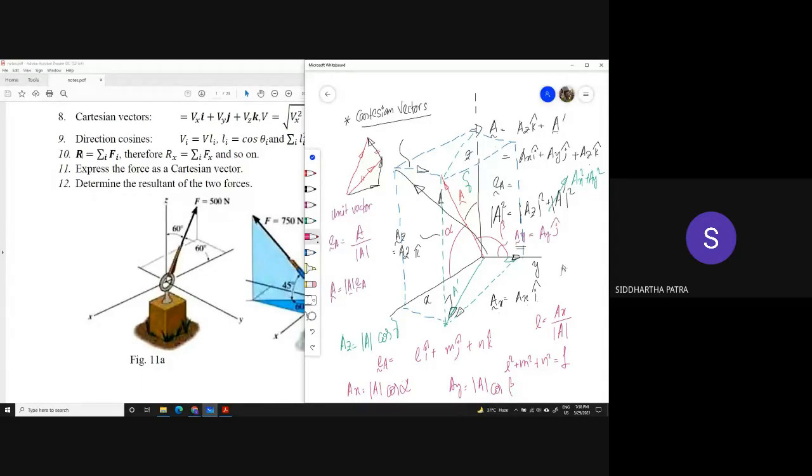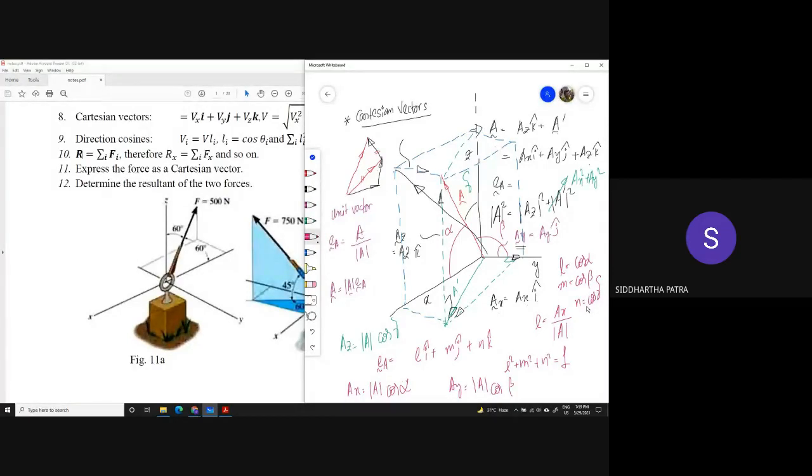Which basically means L is cos alpha, M is cos beta, and N is cos gamma, and these are called the direction cosines.